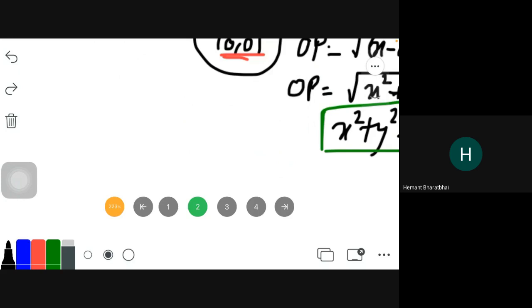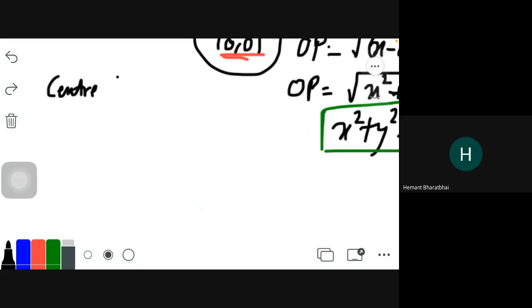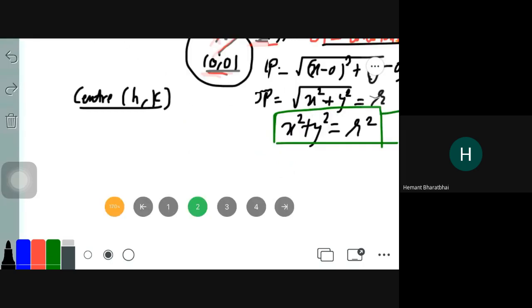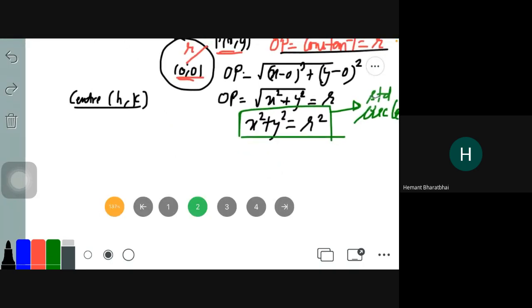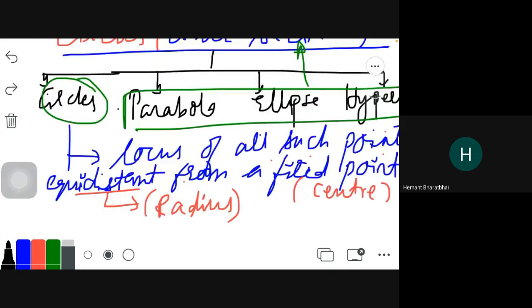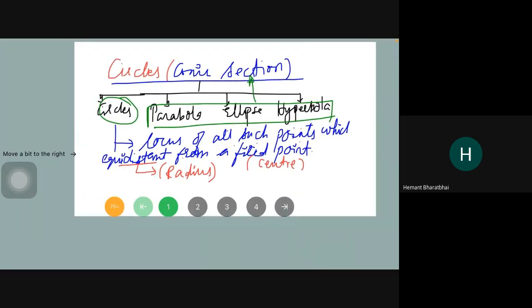If I have the center at some other point, say (h, k), then in the distance formula we had x minus 0, which will now become x minus h, and we had y minus 0, which will now become y minus k. Instead of 0, I'll put h and k over there, and again I'll get the resulting equation.